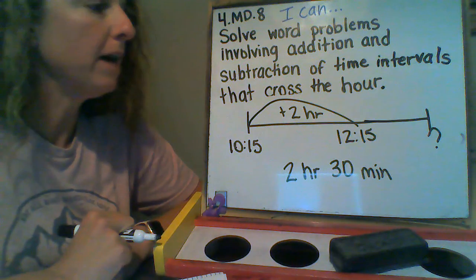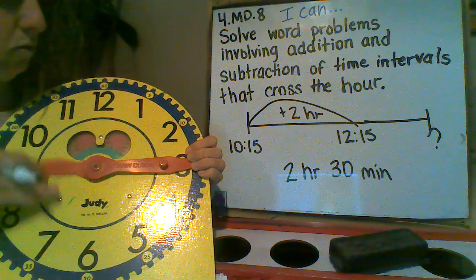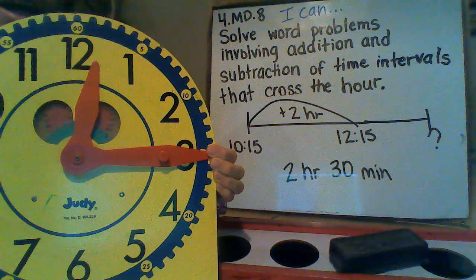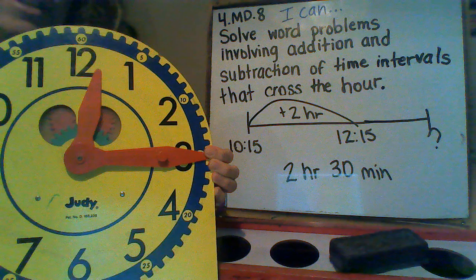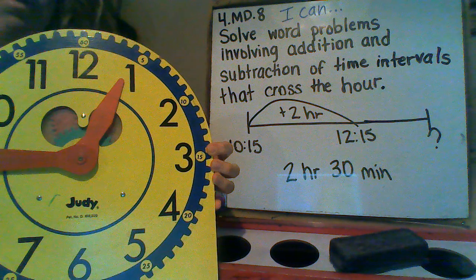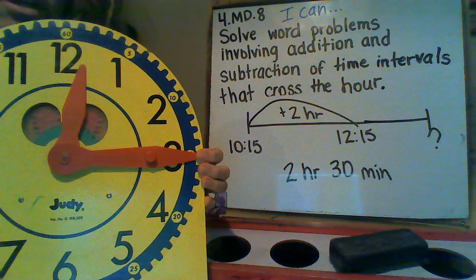So if I'm thinking about the minutes, and we're at 12:15, what's a friendly time that I could jump to? Some of you already know that 15 and 30 would give you 45. Okay? Some of you might need to break that down into smaller chunks.